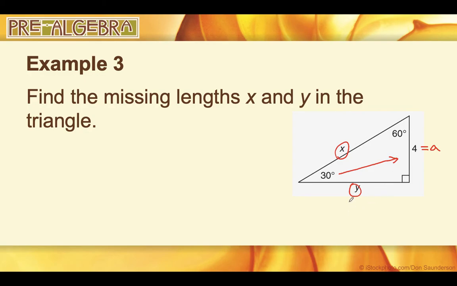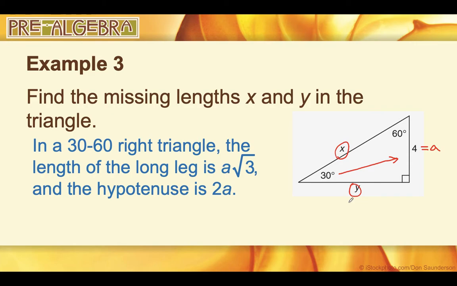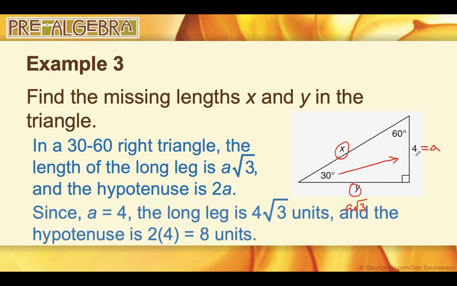Therefore, what is Y going to be? What will Y be? Well, Y, remember, is whatever A is times the square root of 3. Well, A is 4, so Y is going to be 4 root 3.